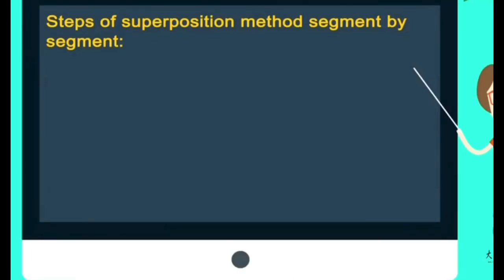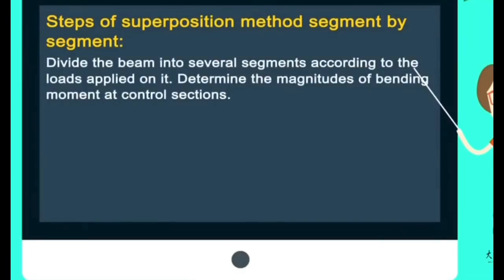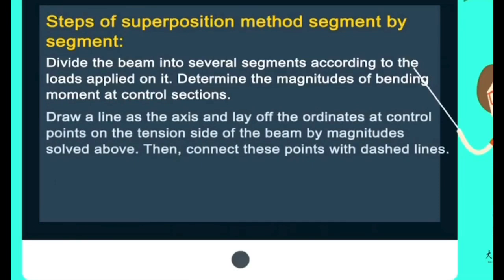The steps of the superposition method, segment by segment. The first step: usually, we divide the beam into several segments according to the loads applied on it. Determine the magnitudes of bending moment at control sections. The second step, draw a line as the axis and lay off the ordinates at control points on the tension side of the beam by the magnitudes solved above.